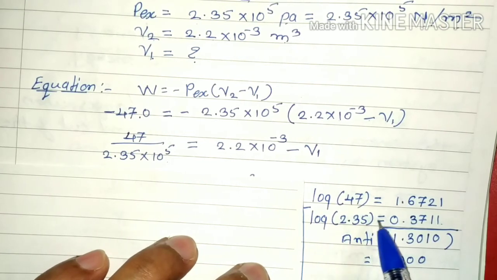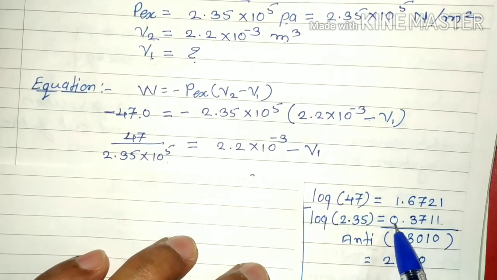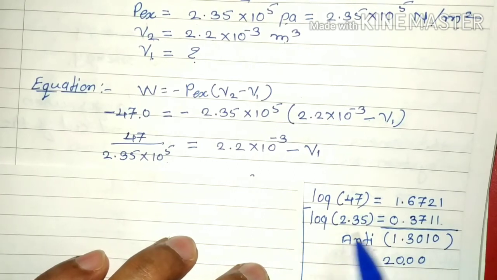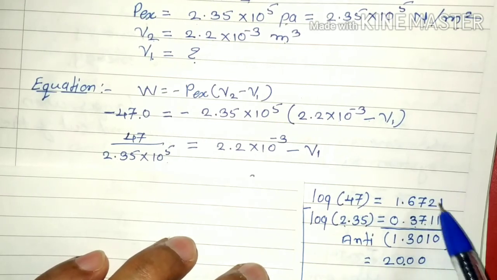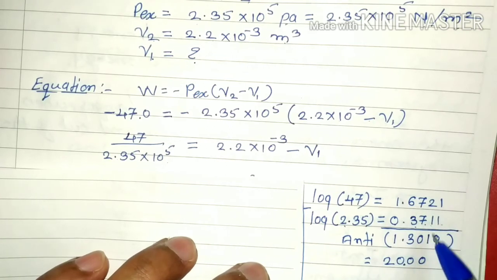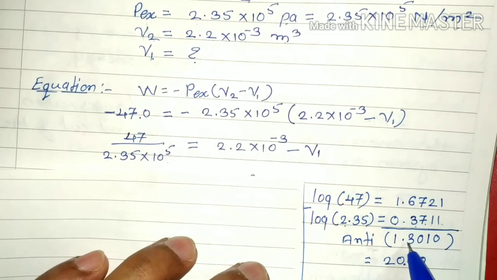So 1 minus 1 is equal to 0. The characteristic is 0, and the mantissa of 2.35 is 3711. By subtracting this log, we get 1.3010, and the antilog of 0.3010 is 2000.